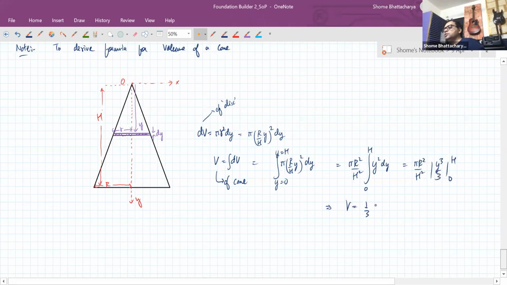So this shows that it is 1 by 3 pi r square h.